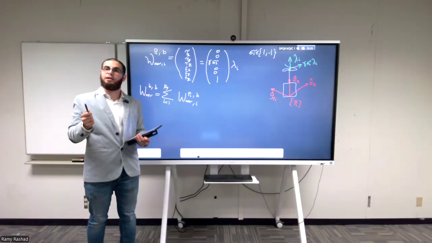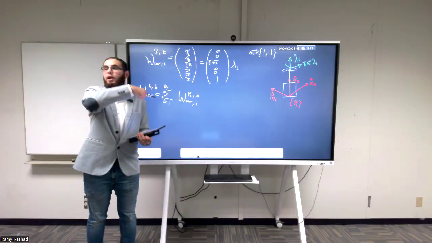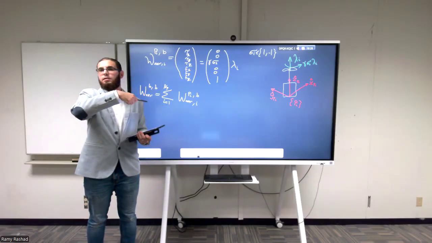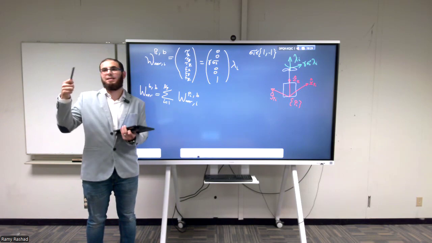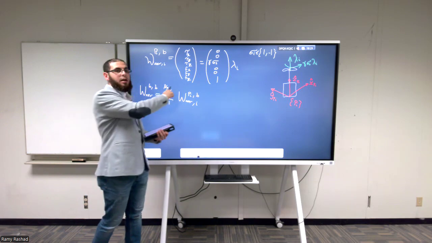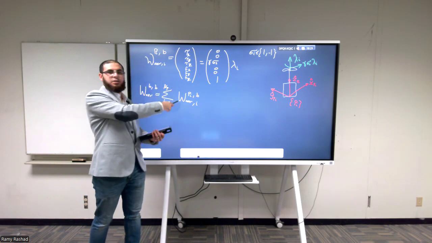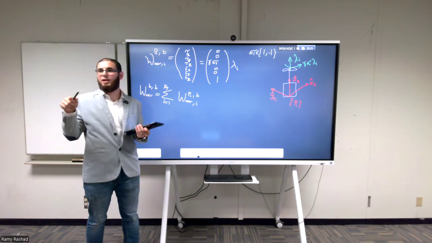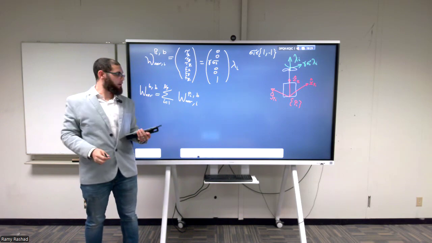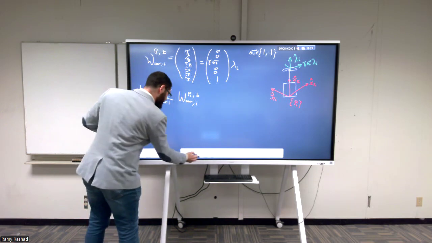Can I add it to a wrench of propeller 2 in propeller 2's frame? Why doesn't it make sense? Because they don't live in the same space. They are numbers that are not represented in the same basis. If I ever do a summation of wrenches, they all need to be in the same frame. If I also do a summation of twists, they also need to be in the same frame. So I need to have this in the B frame.